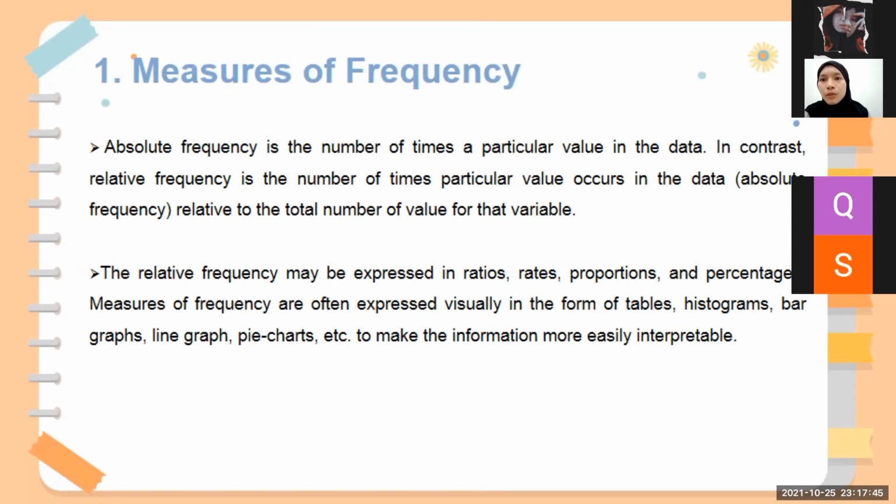The relative frequency may be expressed in ratios, rates, proportions, and percentages. Measures of frequency are often expressed visually in the form of tables, histograms, bar graphs, line graphs, pie charts, etc., to make the information more easily interpretable. Next.